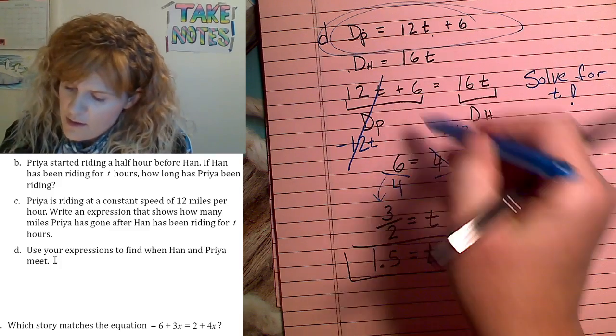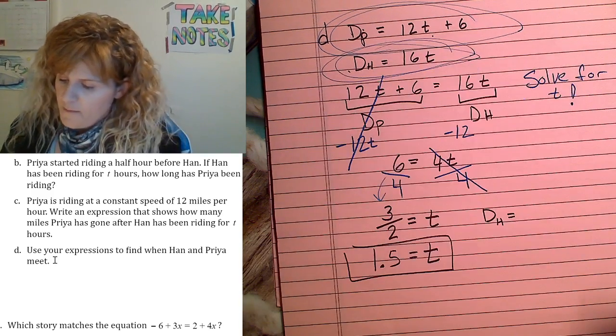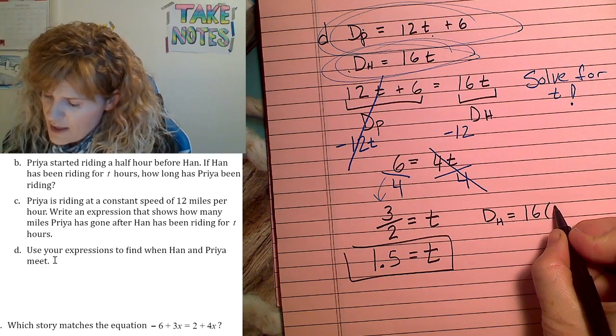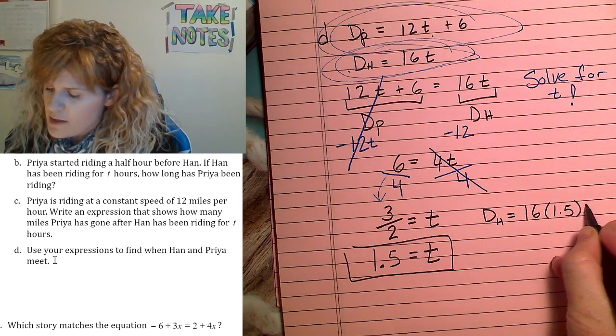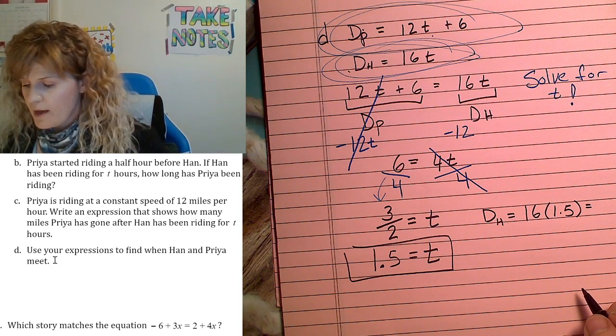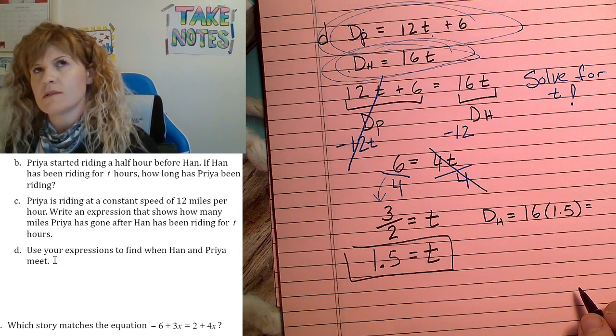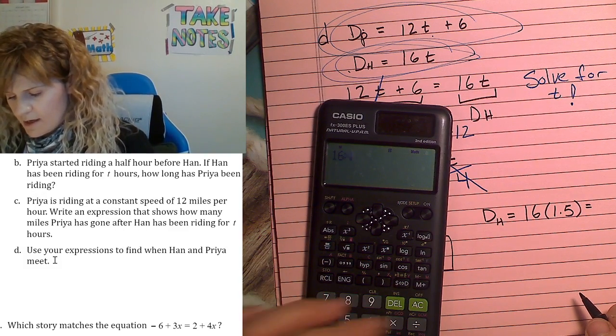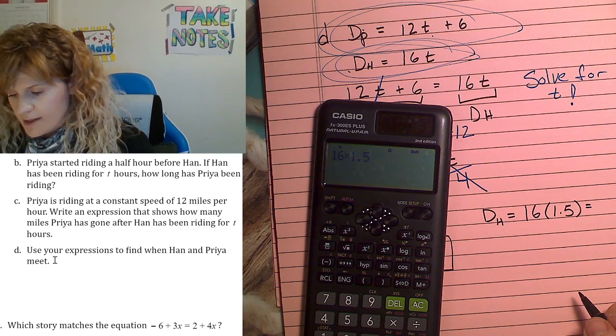I'm sorry. Here's Han. So that's 16 times, the time is 1.5 hours. What is 16 times 1.5? Well, half of 16 is 8, so it's 24. 16 times 1.5, I said, is 24.